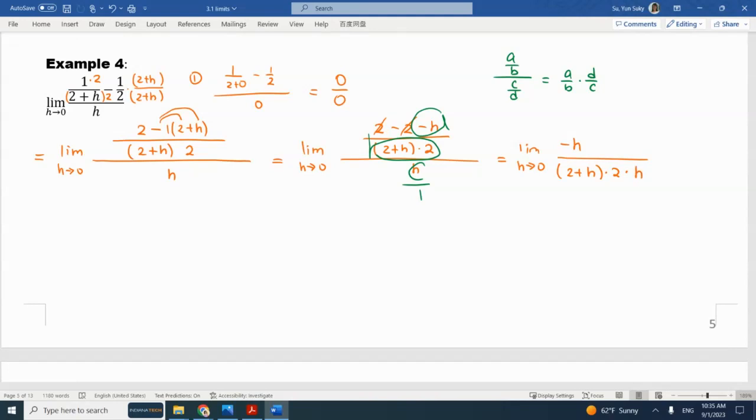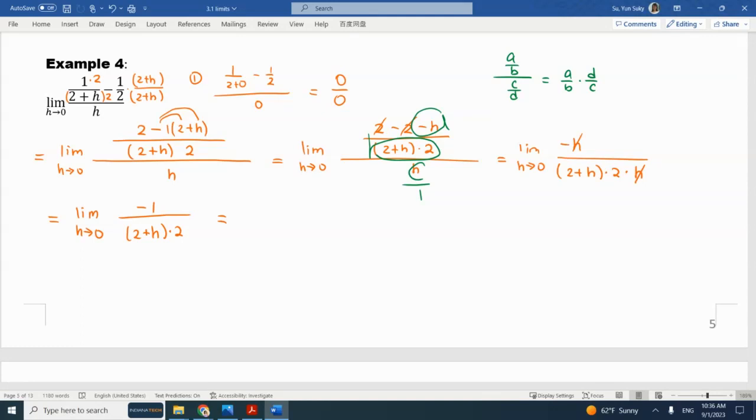We combine into a single fraction and we simplify. Do you see the bad guy? What's that? The h. h goes to 0, making the numerator and denominator 0. So we can cancel the bad guy. All right, after you cancel the bad guy, what's left in the numerator? Yeah, negative 1, and then 2 plus h times 2. See, we cancel the bad guy.